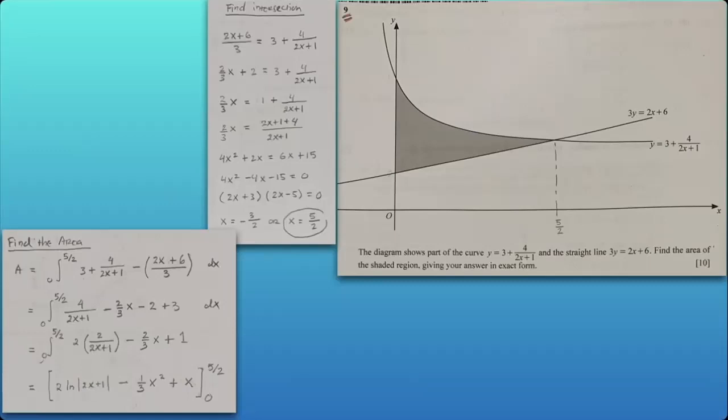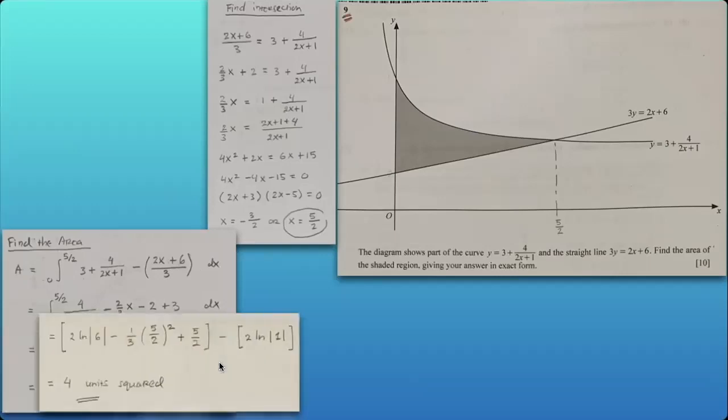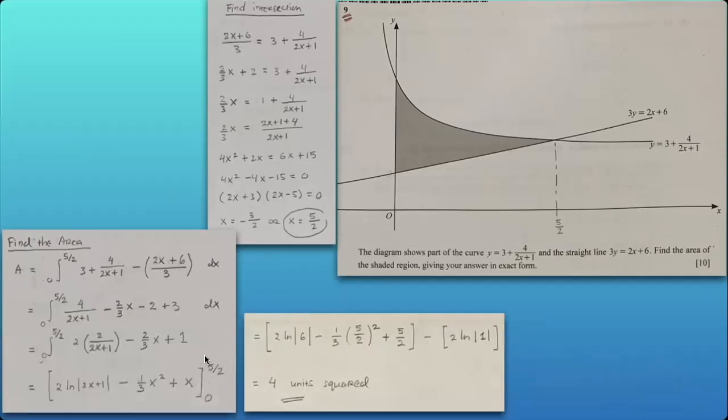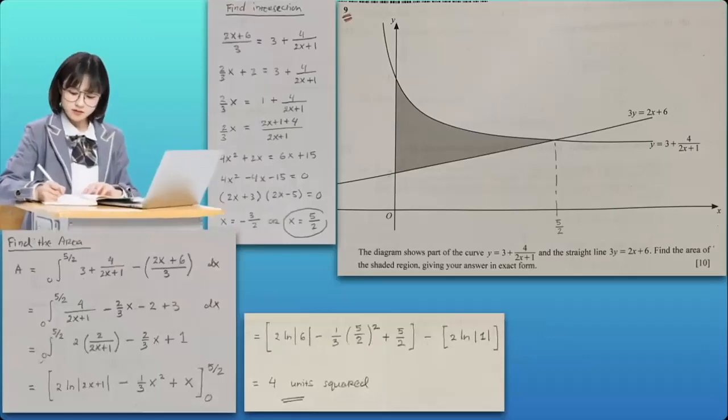We put modulus notation because we cannot calculate ln of a negative number. So this is the integral of this. And we put the boundaries, or some people call it limits. This is the lower boundary, this is the upper boundary. And then we substitute the upper boundary first, followed by the lower boundary, like so. And then we calculate, and we get the answer, 4 units squared.